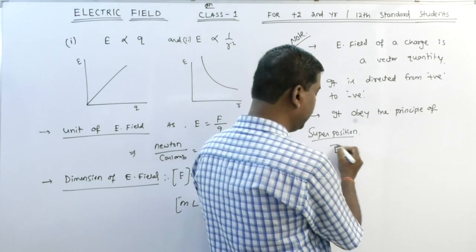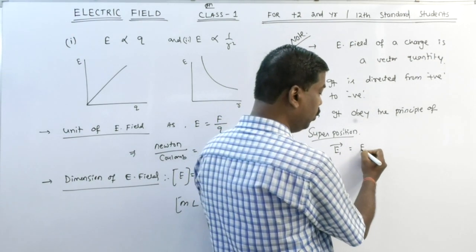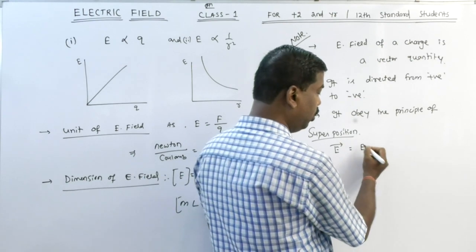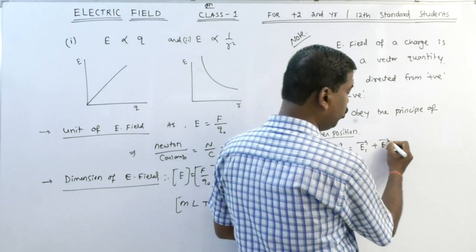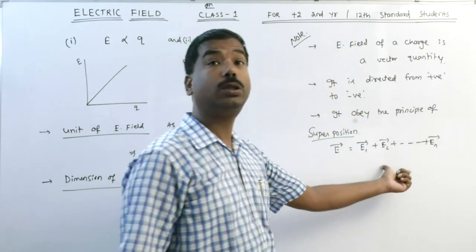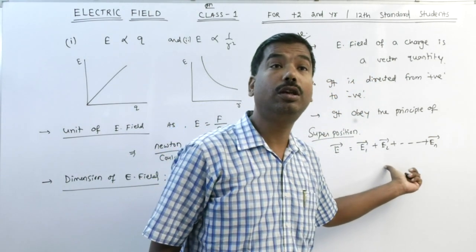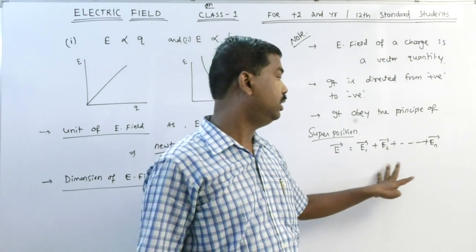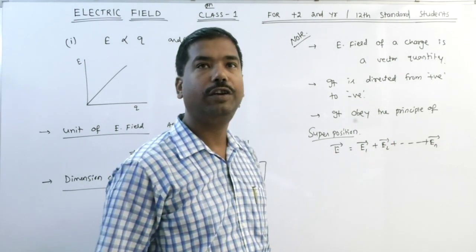Or I can write that E vector is equal to E1 vector plus E2 vector plus dot dot dot plus En vector, if the body consists of n number of charged particles. Clear?